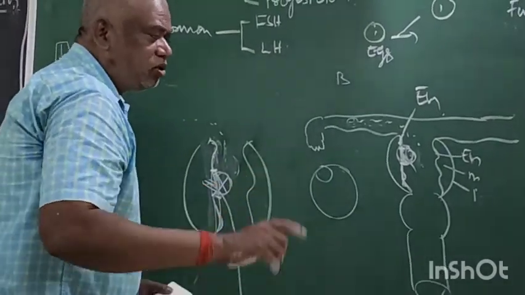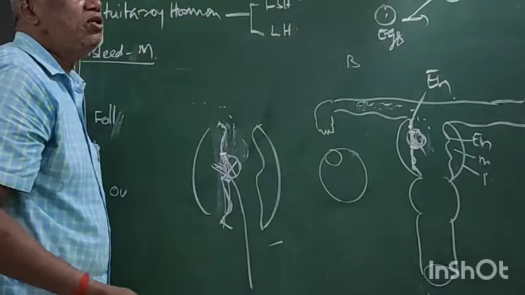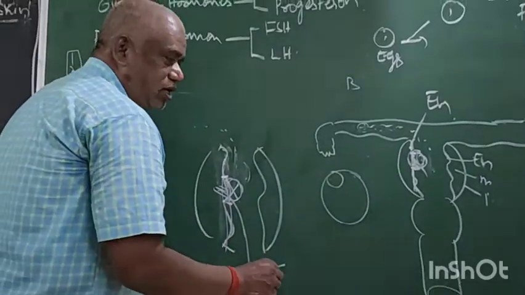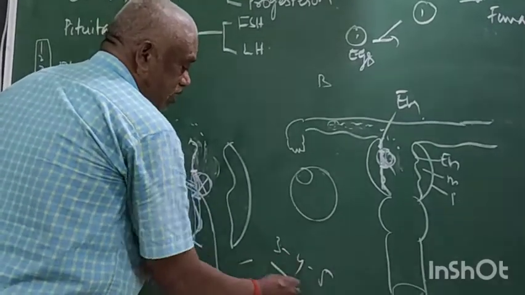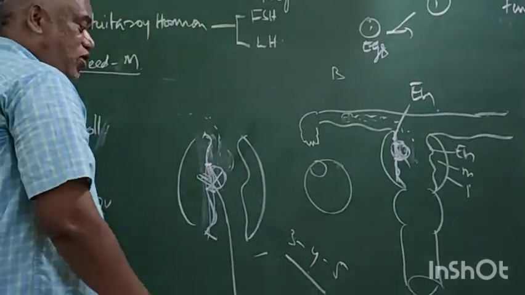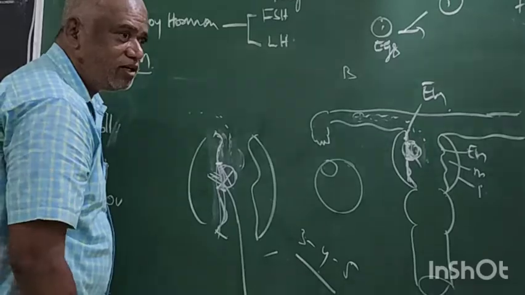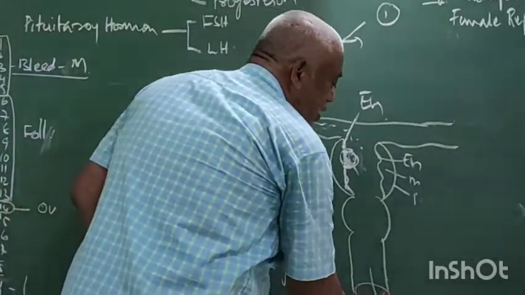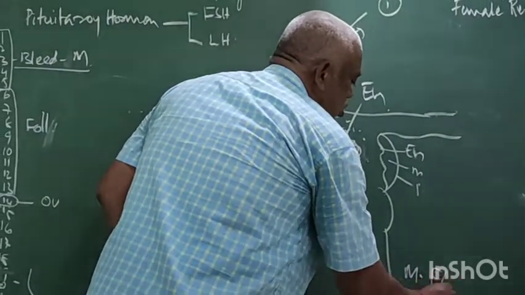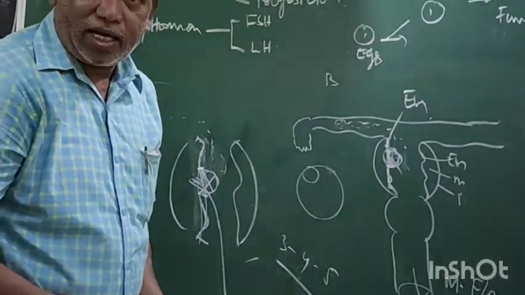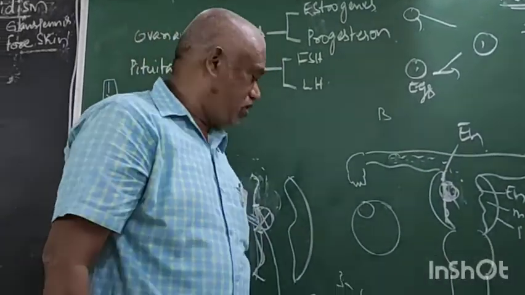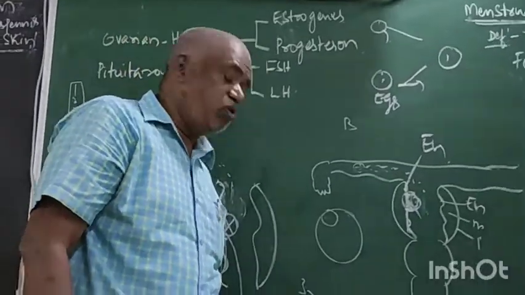Now, the girl is having this experience, right? 3 days. In some girls 4 days, some girls 5 days. This bleeding, the blood comes outside. That is called menstrual flow. This menstrual flow occurs in some girls for 3 days, some girls 4 days.